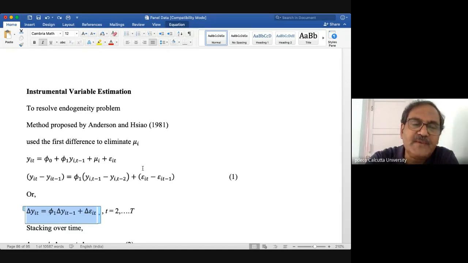Left hand side will be a vector. Left hand side এ লেখো কি হবে: delta yi1, delta yi2, delta yi3. In this way, delta yi capital T. Small t varies from 2 to capital T, because after taking first difference, you have lost one variable.